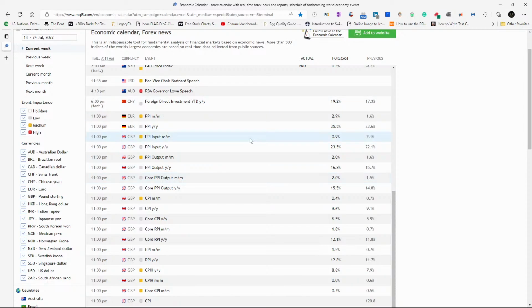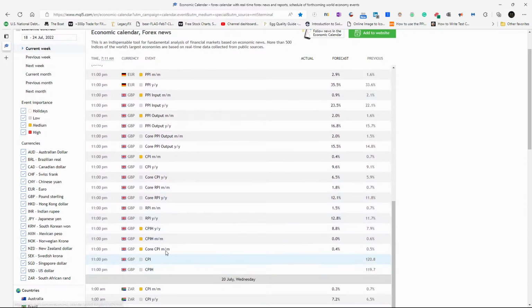All right, look what we have here tonight. We have some Euro PPI. We have UK PPI. We have CPI. Wow, they're just going to rip everything out today. So the pound is going to have a crazy day today, and the forecast is supposed to be good for the pound.